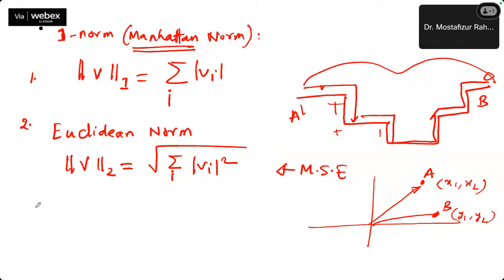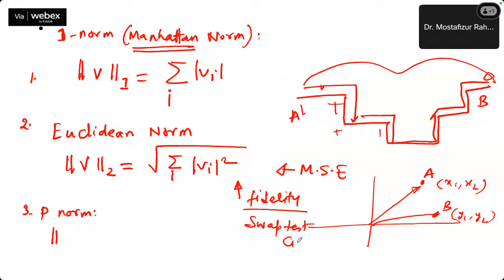And similarly, you can define the p norm. In quantum literature, you will see various norms such as the diamond norm. The Euclidean norm is specifically related to quantum fidelity calculation, and we have seen this in the quantum swap test circuit, where you have two quantum states phi and psi and you are interested in computing the inner product squared.